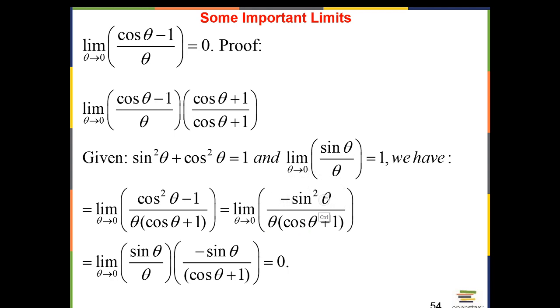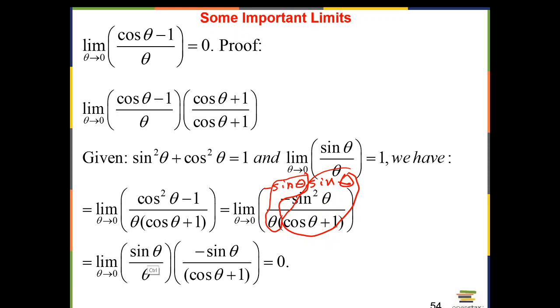Now, what do we do with this? Well, the trick is to write sine squared as sine times sine, and then take one of the positive signs and theta together, and then put the negative sign with this structure together, right? Like I did here. Now, this is the product of two limits. We can use the limit law.